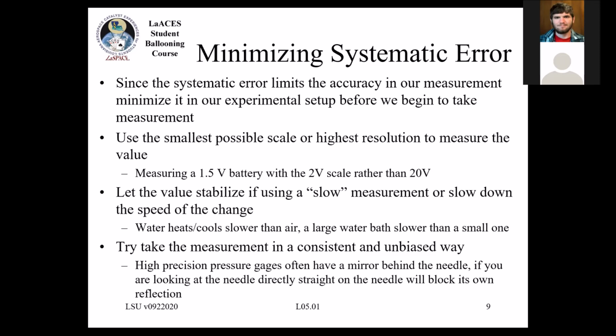Another good example is that some high precision pressure gauges have a mirror behind the needle. That allows you to line up the needle with its reflection, so you can be sure that you're looking at the needle directly on. Your head isn't slightly to the left or the right, causing you to read a lower or higher value.